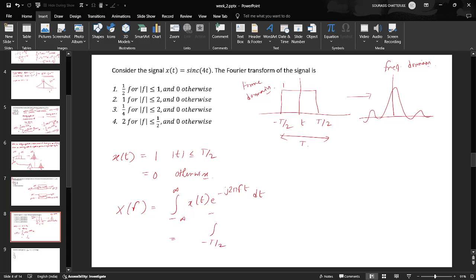So we have the integral from minus T by 2 to T by 2 of e to the power minus j 2 pi f t dt, and it is given as 1 over minus j 2 pi f times e to the power minus j 2 pi f t, when t is evaluated at minus T by 2 and T by 2.